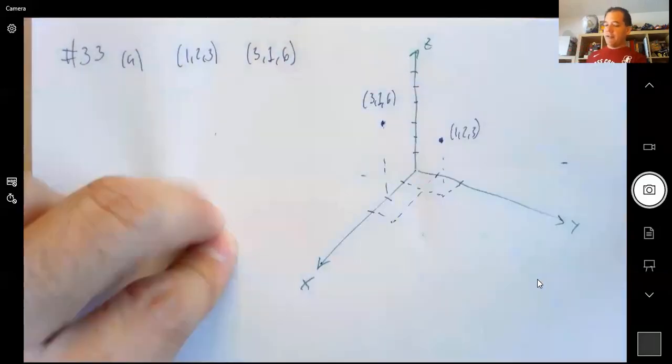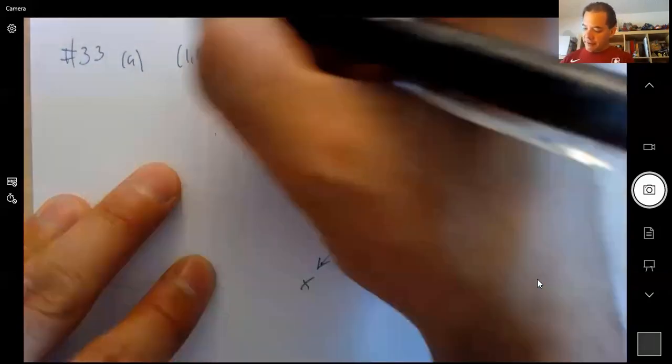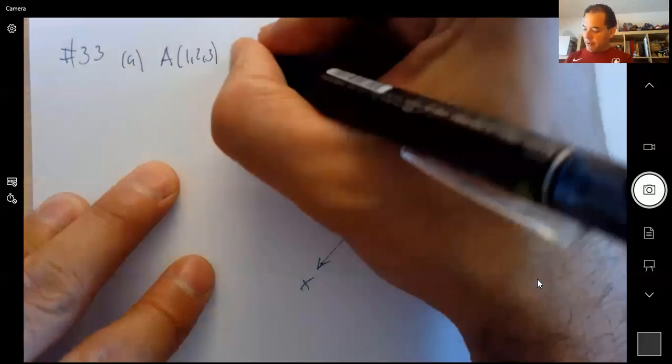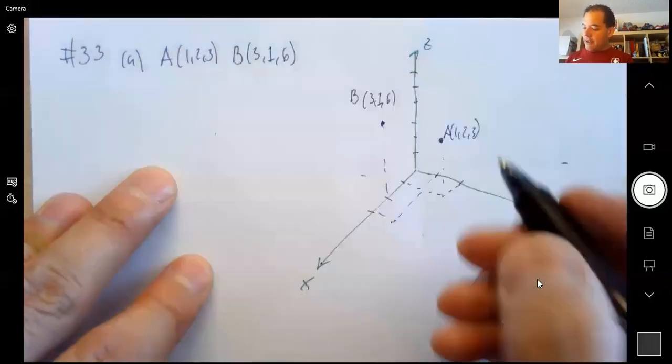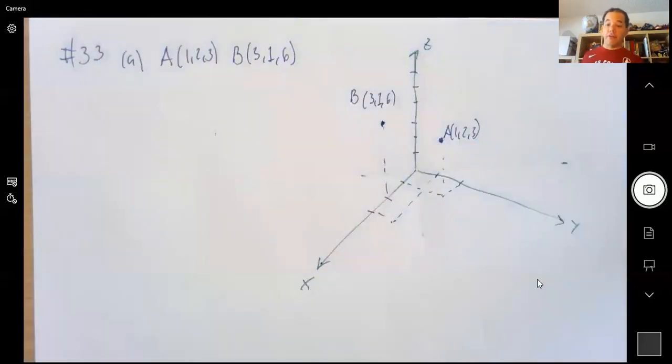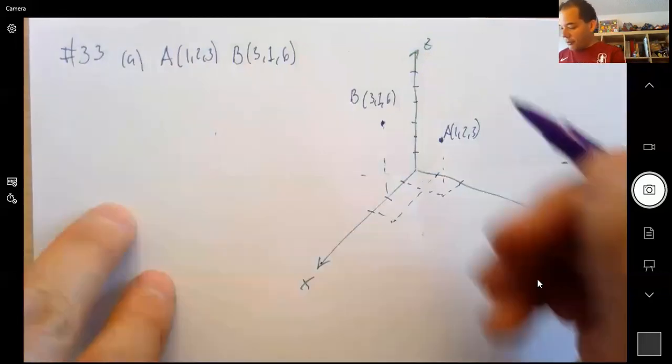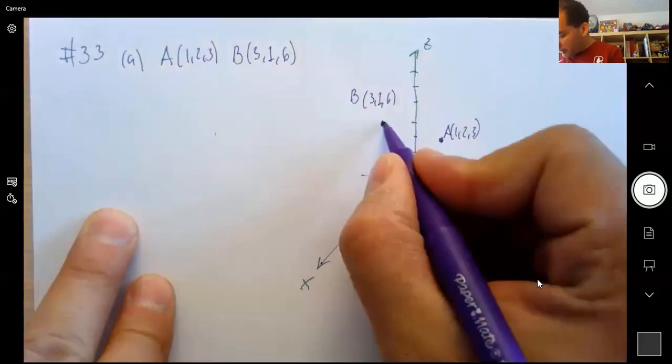Okay. So the idea is, let's give them names. Let's say that this is A and this is B. So the idea is that you use the vector, right? Which vector do you like? You could use either A to B or B to A. It doesn't matter. And this is the easiest way of doing it. So you can do B to A, for example.